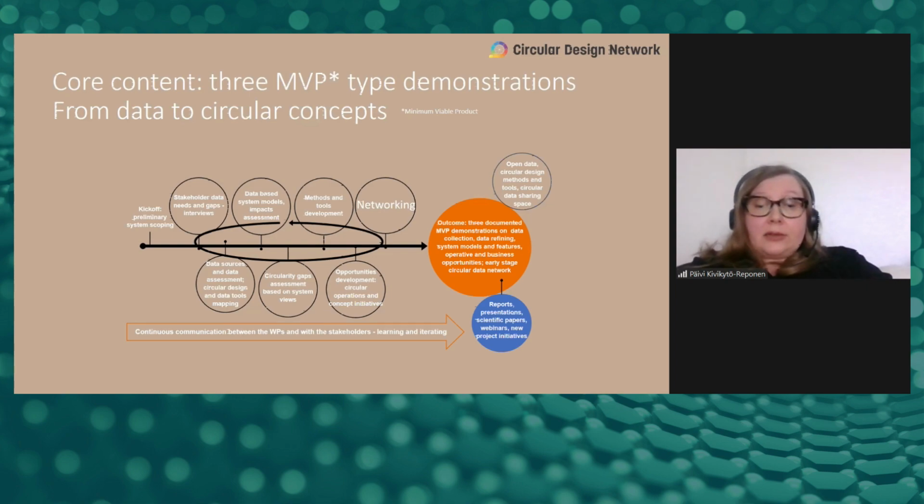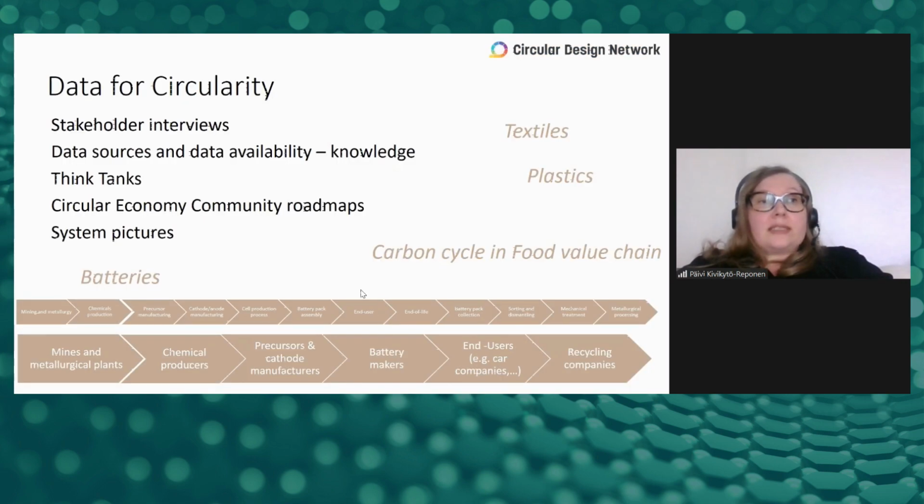And here is some structure of what kind of actions there are in the project. So I will skip this and start to show the data for circularity approach that is now going on.